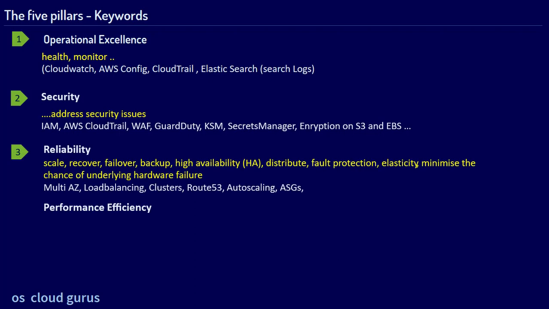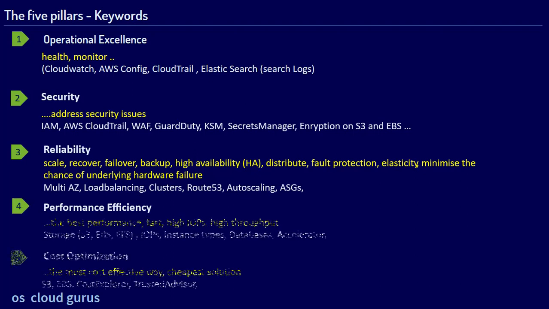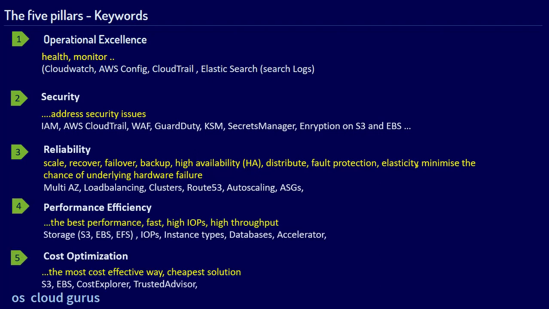Then you have reliability. And this is anything where you find something about scaling, failover, backup, high availability, and so on. And there's always a good chance the question is focusing on load balancing, on clusters, and auto-scaling.